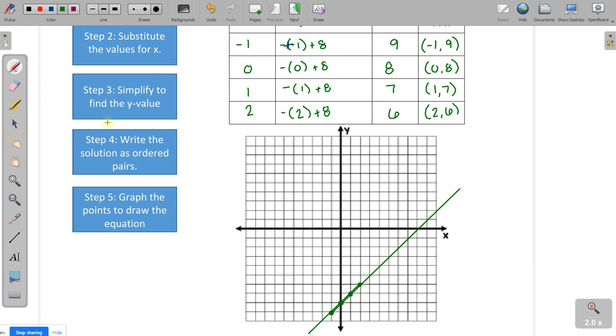And then you need to make sure when you draw it, you go to the edge of the graph, because there's more points on here. We could have plugged in, let's see, positive 5. And then the answer we would have got was negative 3. So all of these are points on the line. So the line continues on and on.